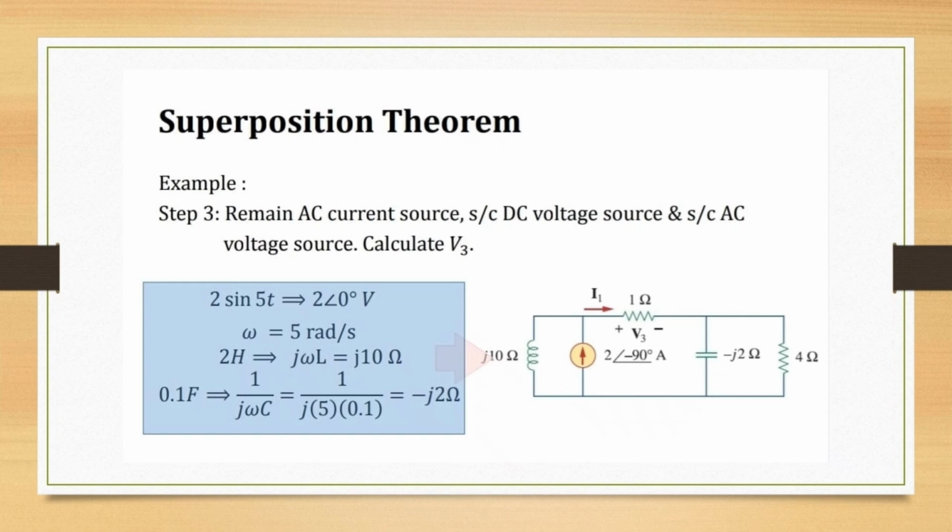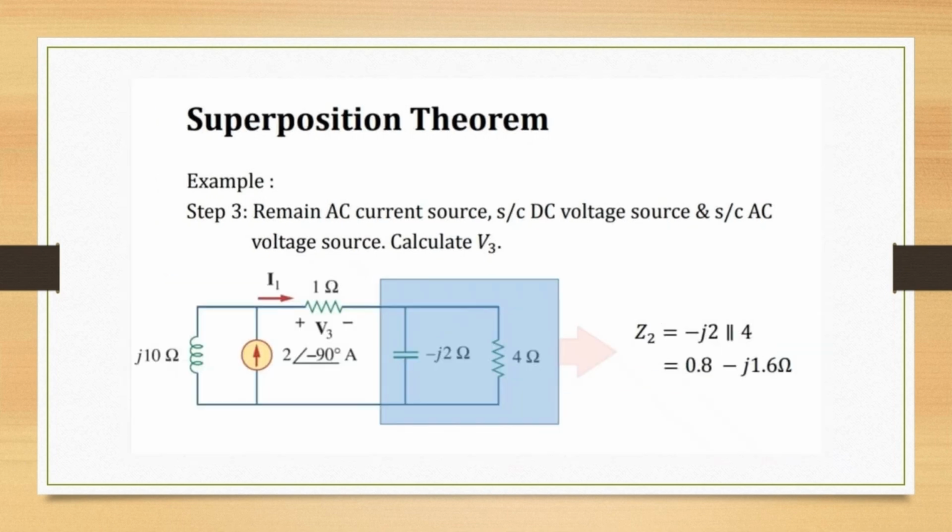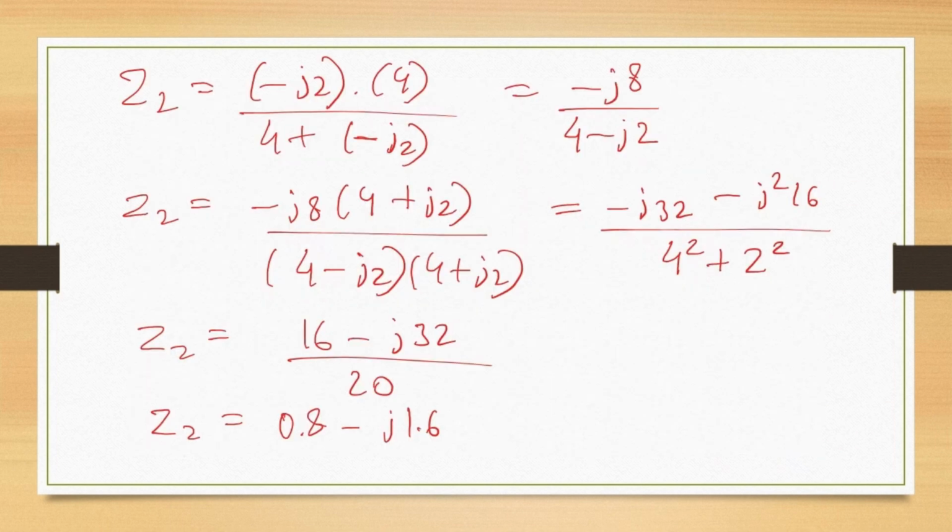As you can see, it's shown how we convert 0.41 farads to minus j2 ohms. And here, the minus j2 ohm capacitor is in parallel with the 4 ohm resistor. I'll also show the calculations for this.